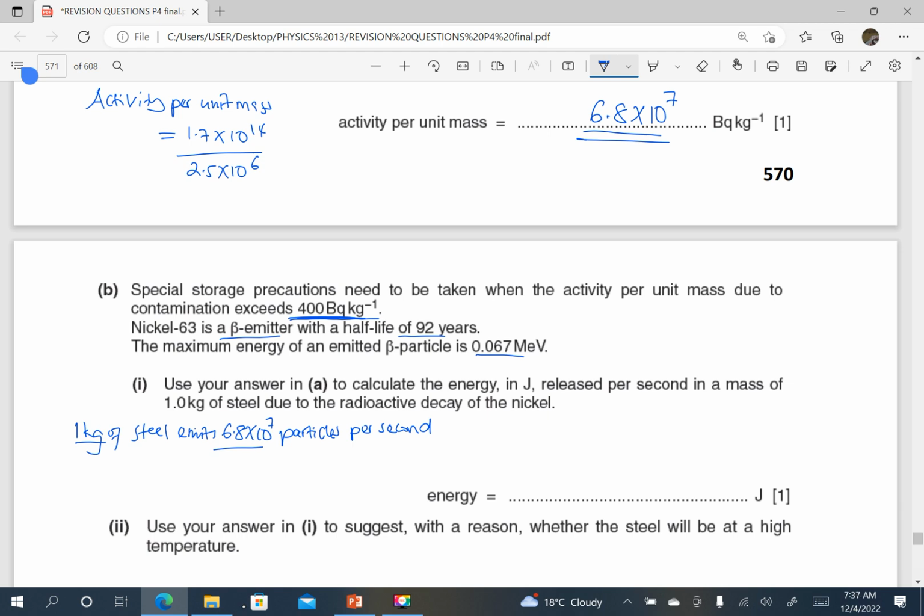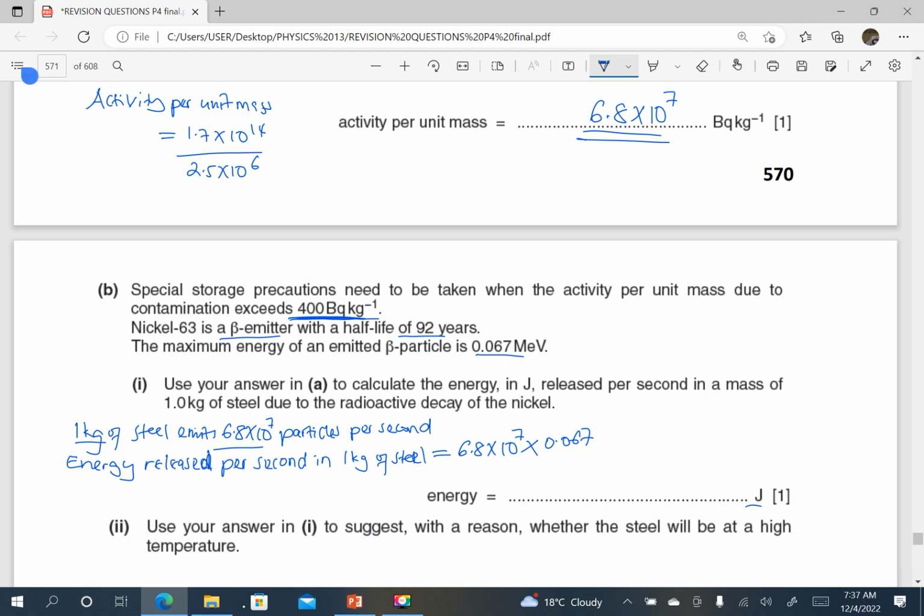So the energy released per second in 1 kilogram of steel is going to be, since each particle is going to release energy of 0.067 mega electron volts, and there are 6.8 times 10 power 7 particles emitted per second in 1 kilogram, times 0.067.